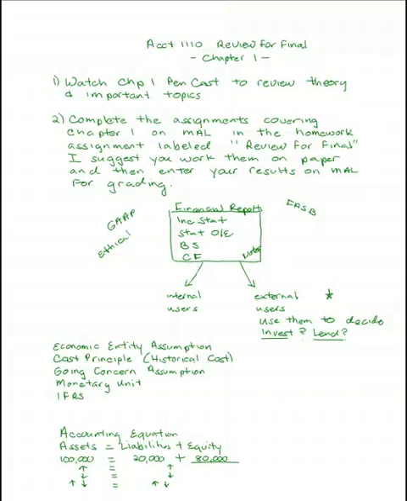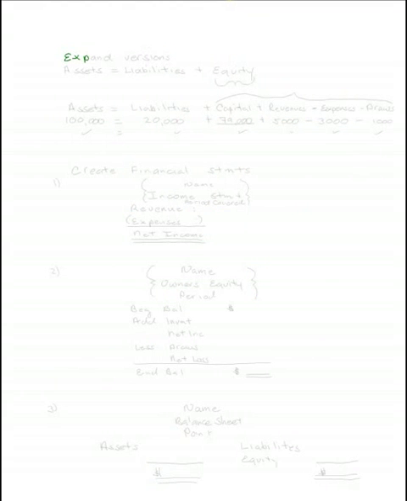We also learned an expanded version of the accounting equation, and the expanded version includes a few more accounts. Let's look at that. The accounting equation is assets equal liabilities plus owner's equity. But the expanded accounting equation breaks owner's equity out into further components.